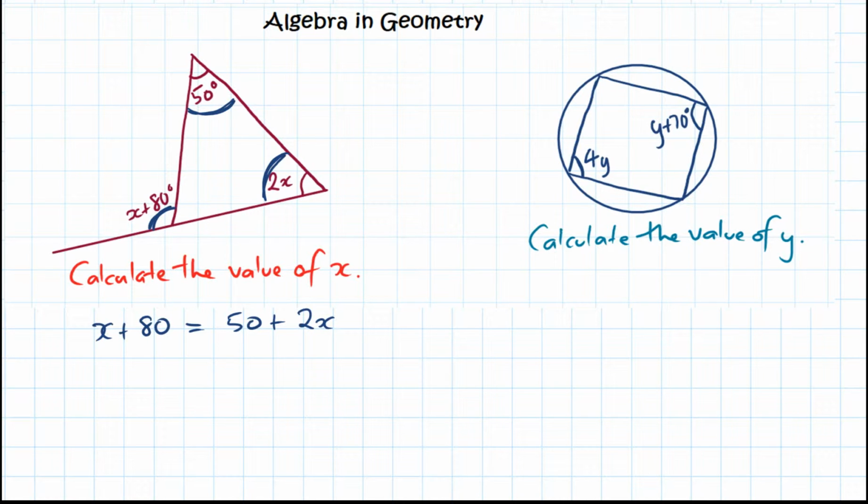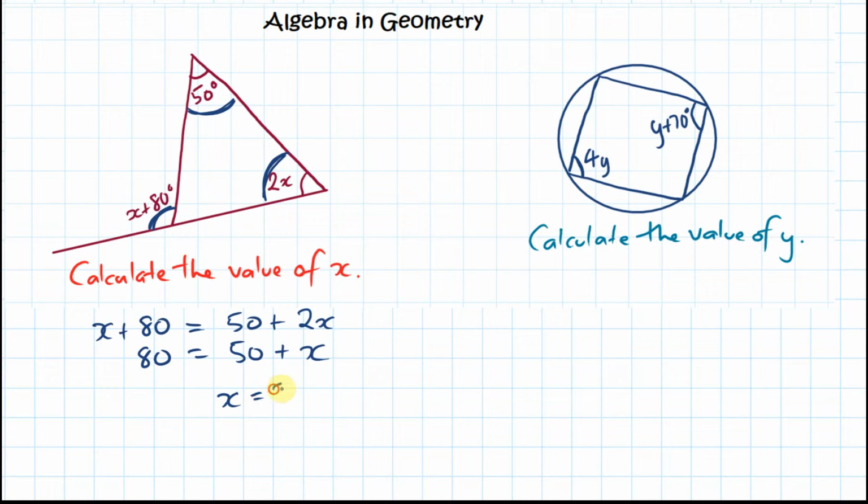So now we end up with an algebraic equation that we just need to solve in order to find out what x is. Let's combine our x's, so let's subtract x from both sides. We end up with 50 plus x, and then we can easily see that x is 30.